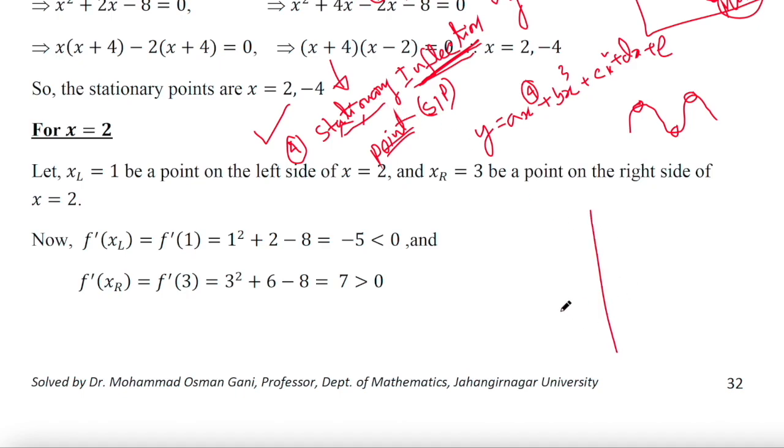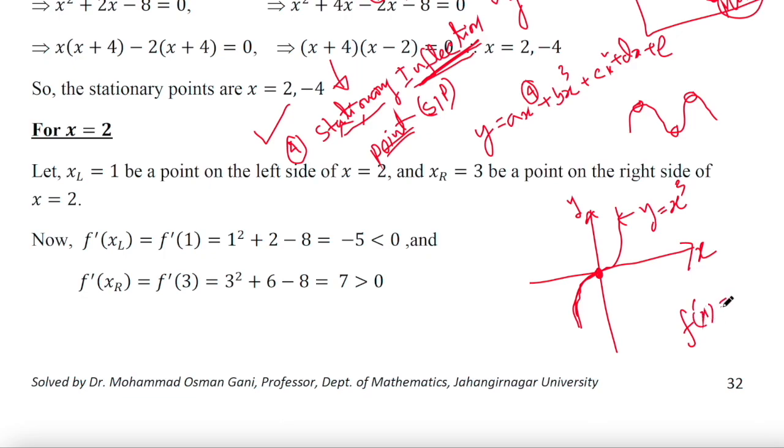For example, if you sketch y equal to x cube, you see the curve at 0. At 0, this part is concave down and this part is concave up. So this is a graph for y equal to x cube, and this is x-axis, this is y-axis. So here x equal to 0 is a stationary point, because at this point first derivative equal to 0.